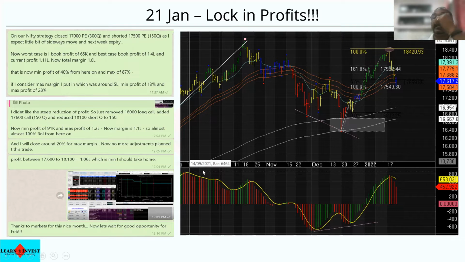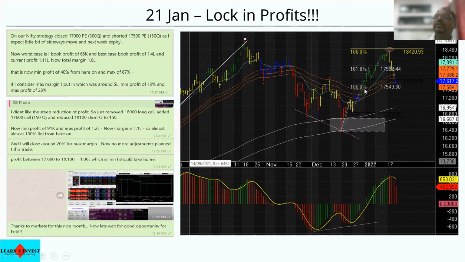Now I had a strategy which would continue to give me more money if the markets go all the way below 17,000. But here I believe the markets want to take some rest. It was at the wave. There was a doji candle yesterday.